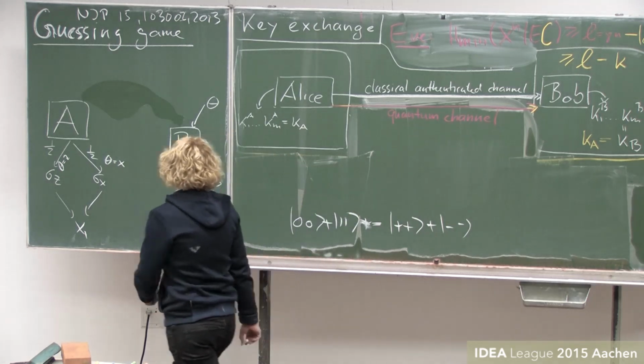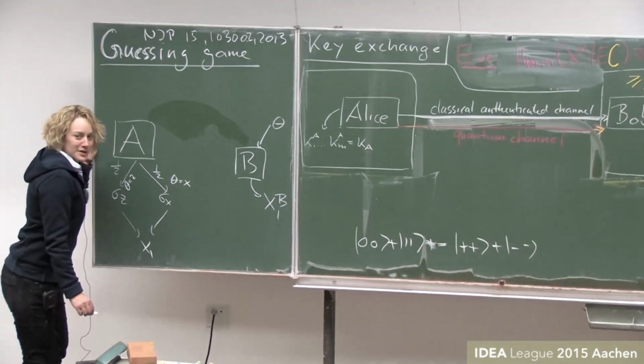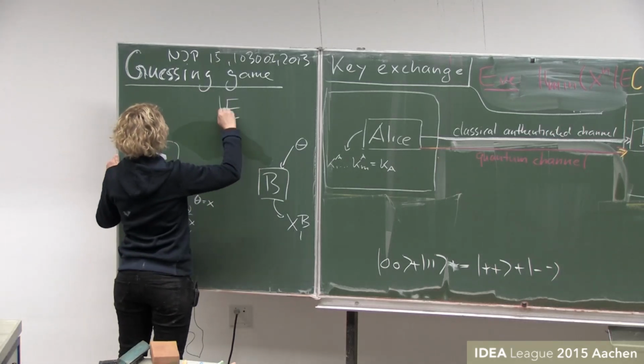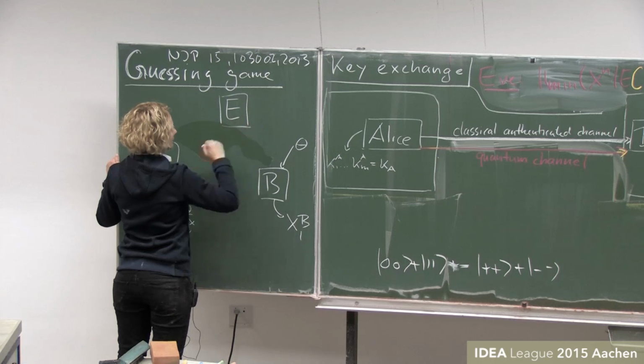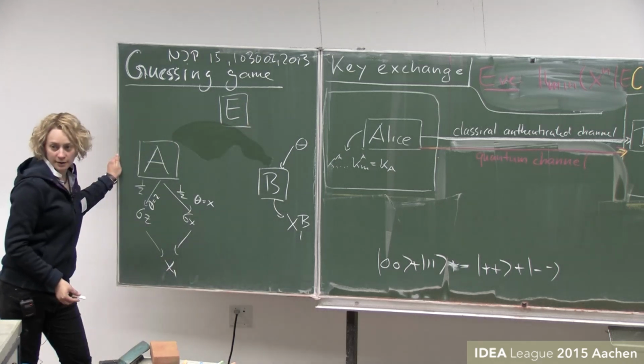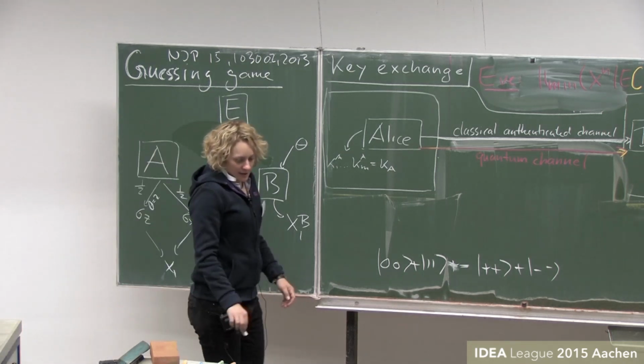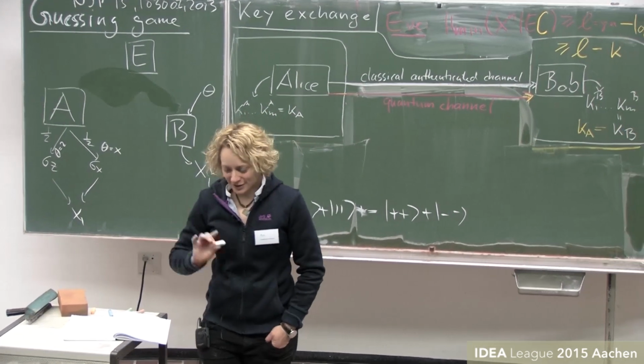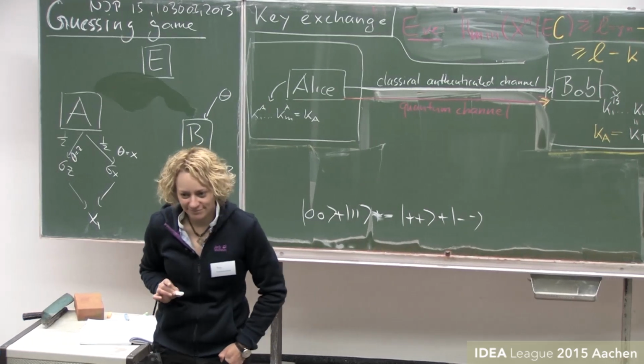So let's imagine that we make this game yet more complicated. Namely, we're going to introduce also Eve. So Eve and Bob here are, you should imagine for the moment, just for the moment, playing against Alice.